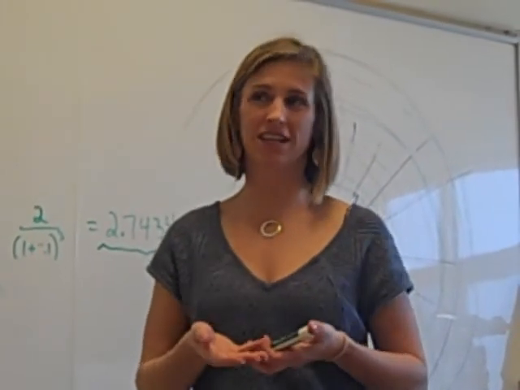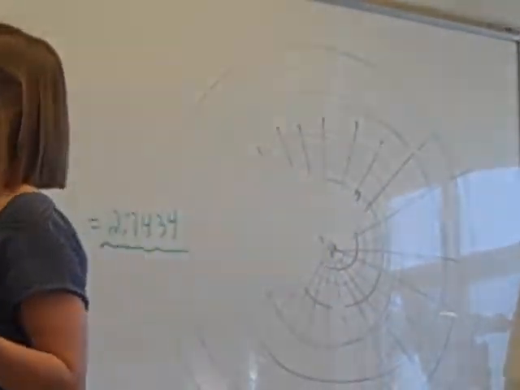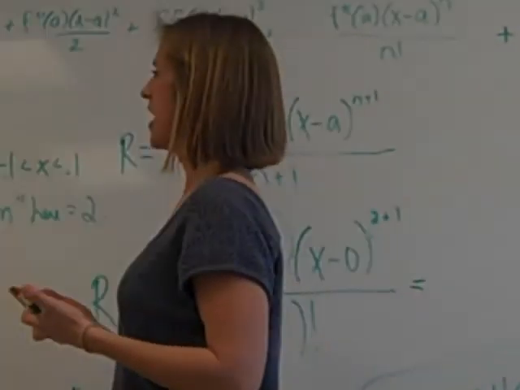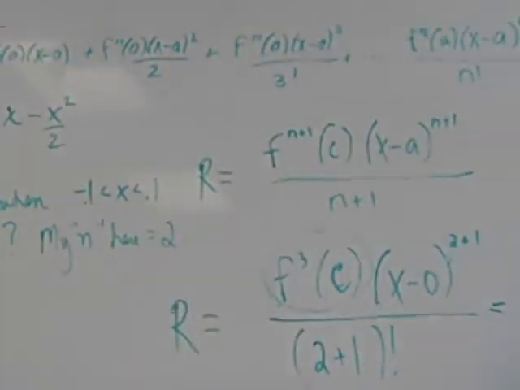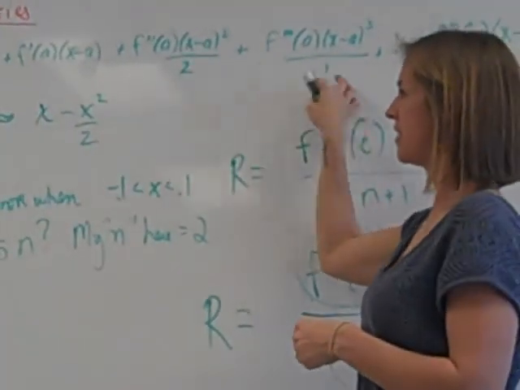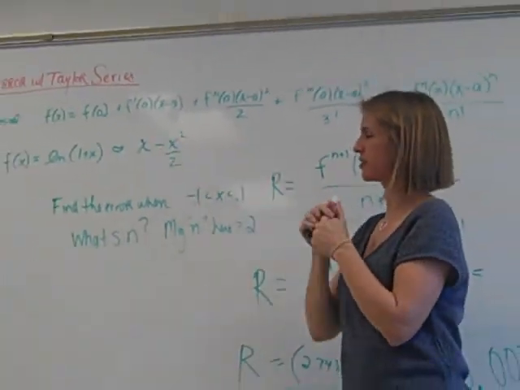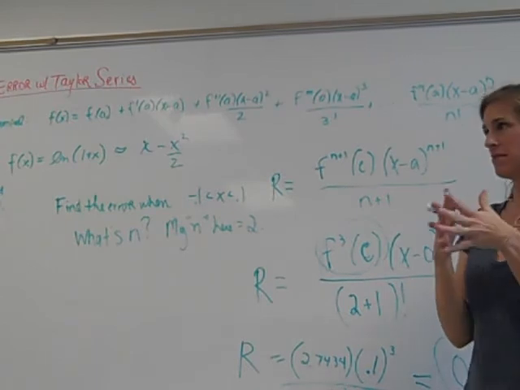So the idea is, if I have the function natural log of 1 plus x, and I only graph the first two terms of the series, if the series were infinite, the series would look exactly like the natural log of 1 plus x. The series can't be infinite.